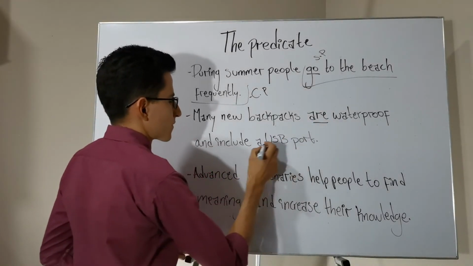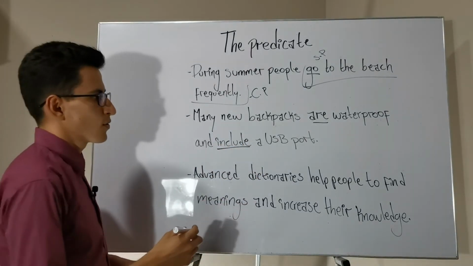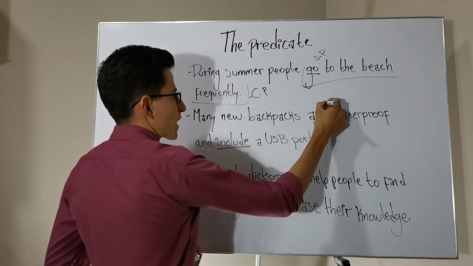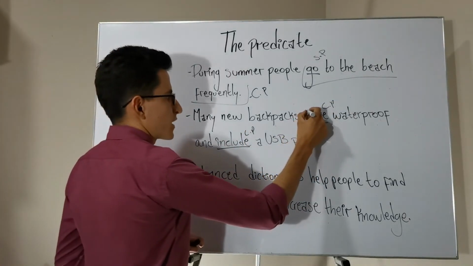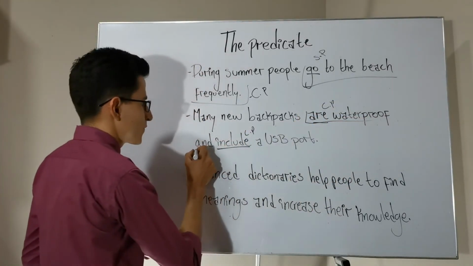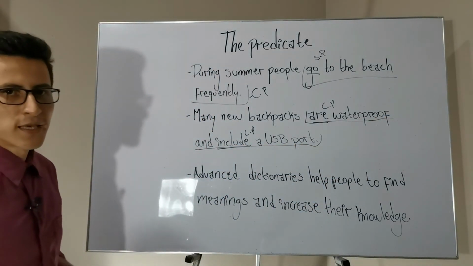We have the verb are and the verb include. So this is the compound predicate. And the complete predicate is are waterproof and include a USB port.